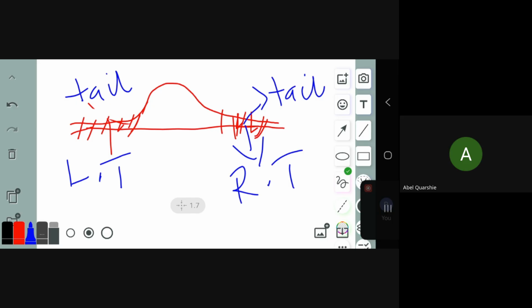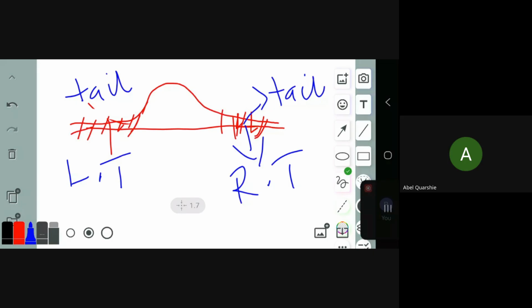So where I've used the blue is what we call the tails. So this is a typical diagram of what we call a two-tail test. So we get a two-tail when there is a not equal to sign. But if I have a greater than, it means a right tail. If I have a less than, it's going to be a left tail. Please take note of the difference.